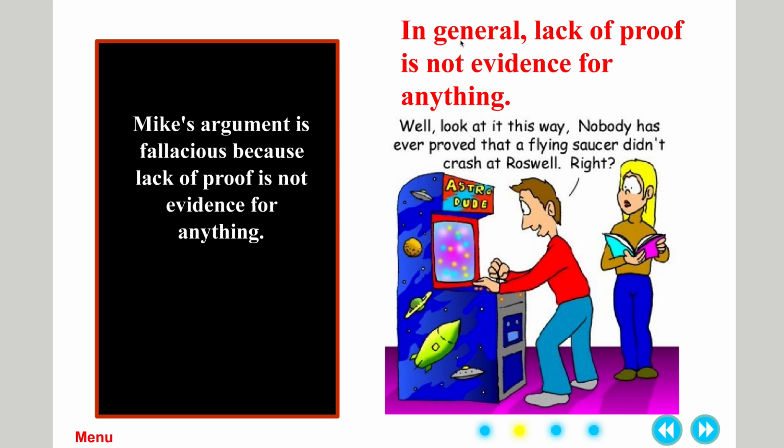But in general, lack of proof is not evidence for anything, and that works outside the sciences. Okay? And even within the sciences, right? Nobody's ever proven that God doesn't exist. Doesn't mean that God does exist. No one has ever proven that I wasn't at the store breaking into it last night. Doesn't mean that I didn't break into a store last night. Okay?